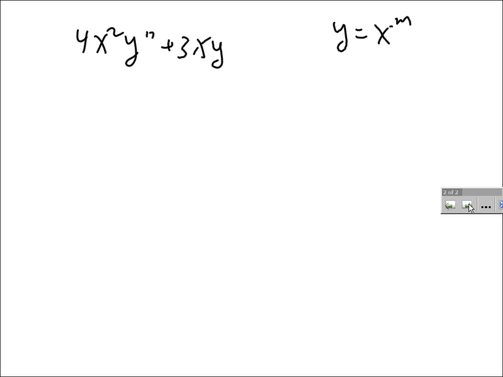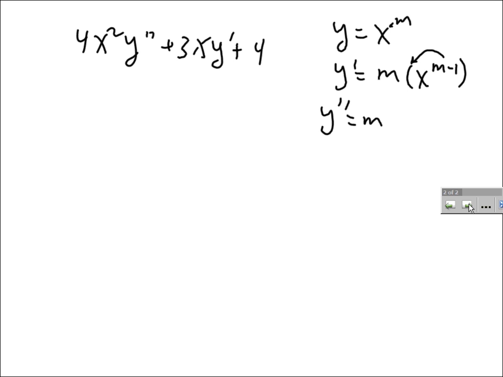If you let y equal x to the m, then y prime will be m times x to the m minus 1, and y double prime will be m times m minus 1, just bring down the power, and then make the new power 1 less.